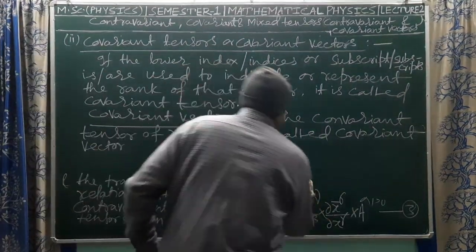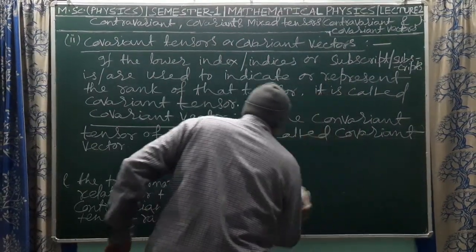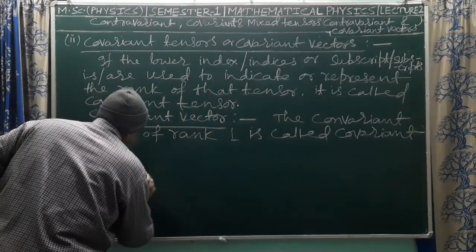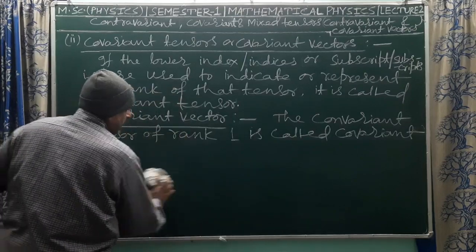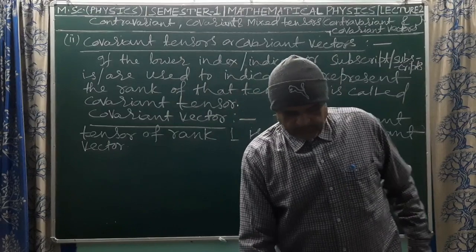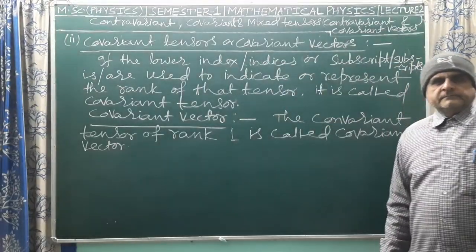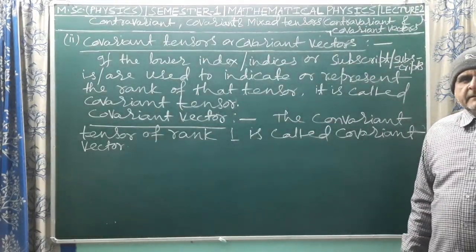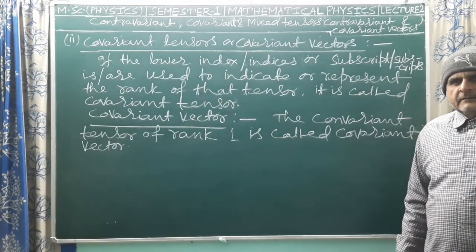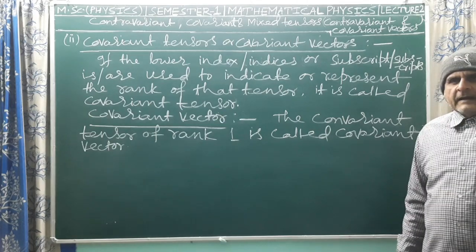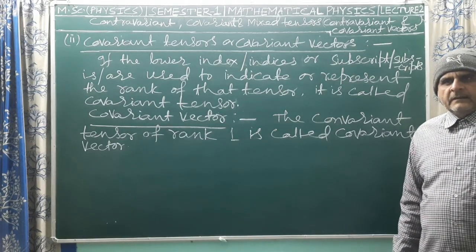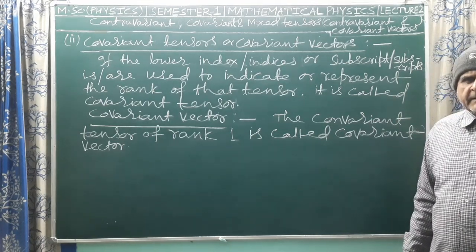Now, the transformation relation for a covariant vector can be expressed as follows. If this relation is satisfied, then that vector is said to be a covariant vector.